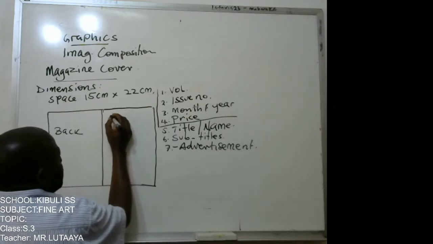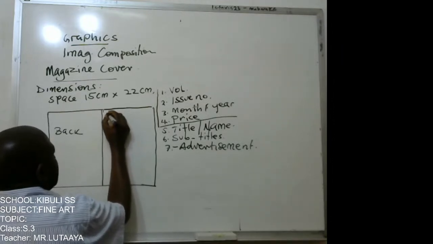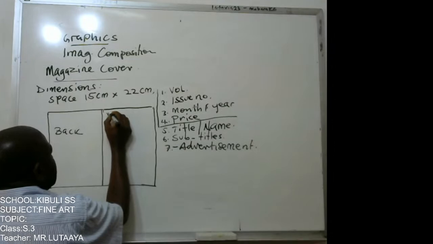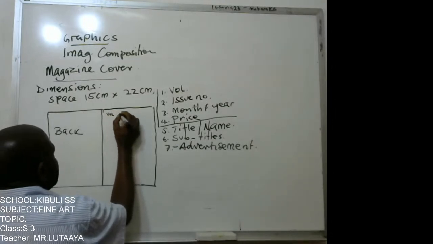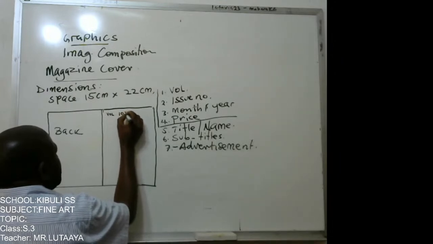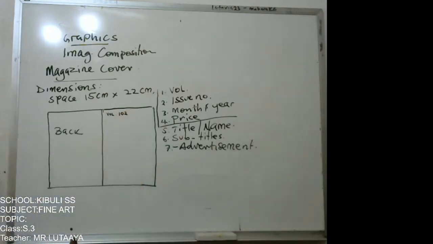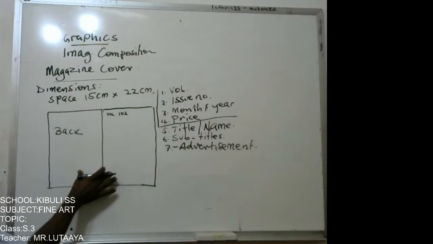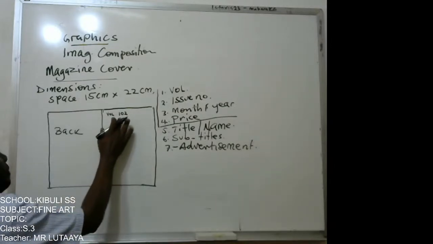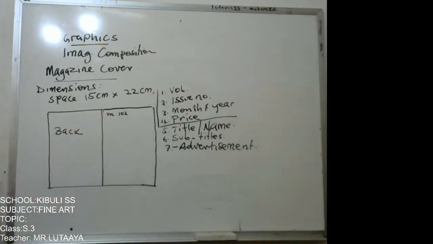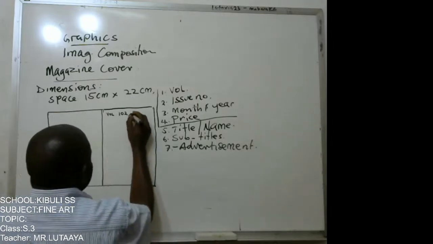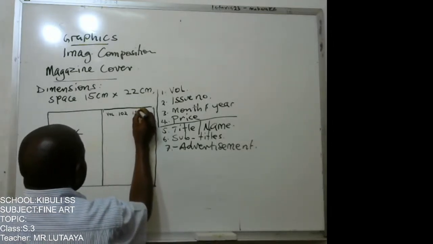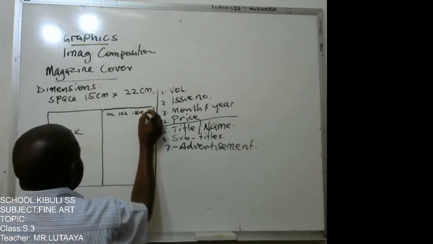Volume should be written as volume, for example volume 102. That means from the time this magazine started, this is volume 102, and we have had many volumes coming out. Then we have the issue number.